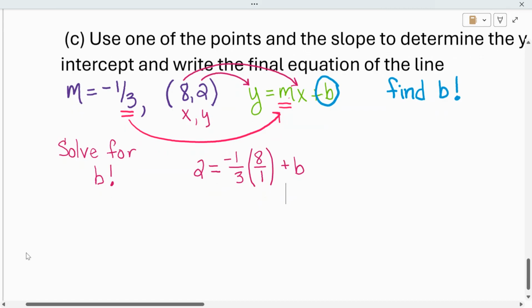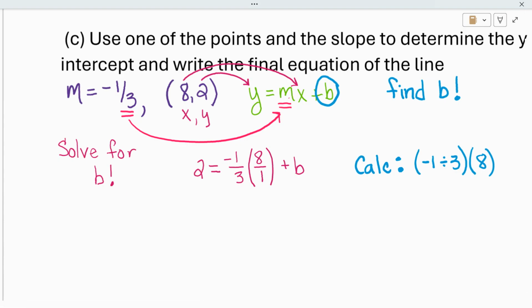Okay? So I know you're distraught because you have fractions there, but I just want you to use your calculator. And I want you to take parenthesis negative 1 divided by 3 parenthesis 8, because it really was a whole number 8. Put that into your calculator and tell me what you get.